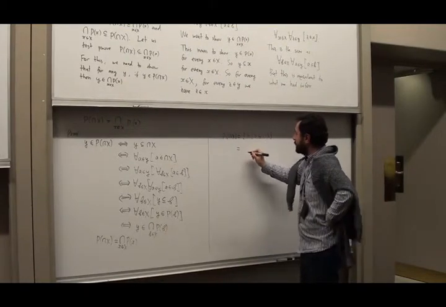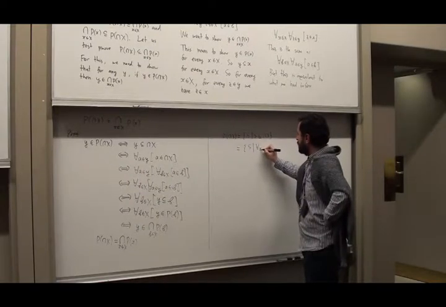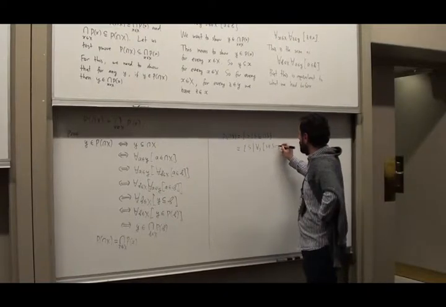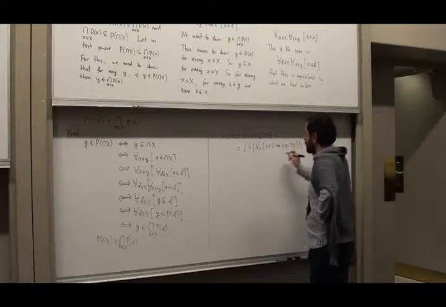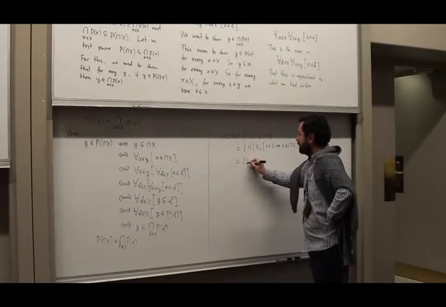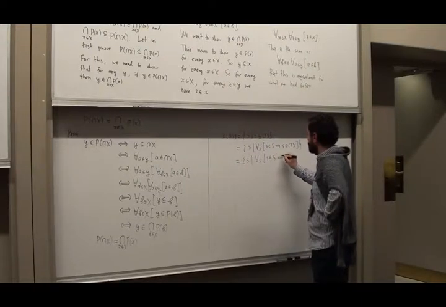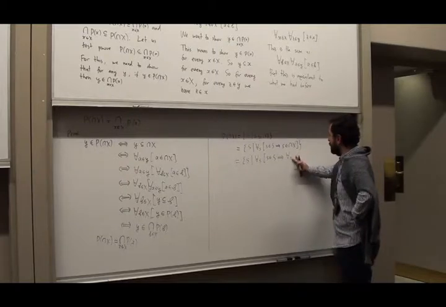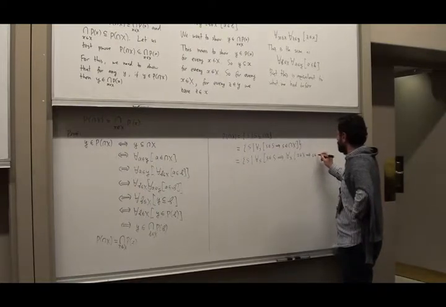That equals the set of all s's such that for every small s, s is in s implies s is in the intersection x. Equals all s's such that for every s is an element of s implies for every x, x is an element of x implies s is an element of x.